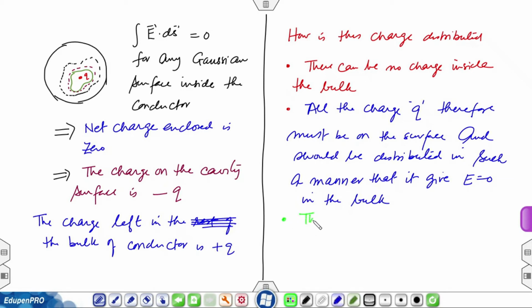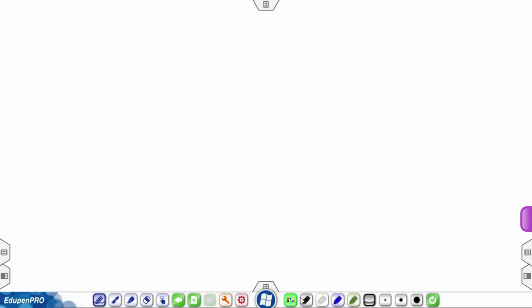So, this happens if q is distributed uniformly over the surface. This is very logical, because this problem we have solved many times. So, let us see what is the picture that is emerging.